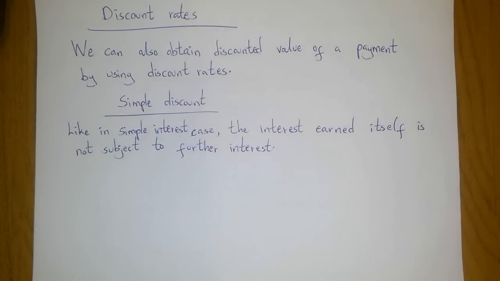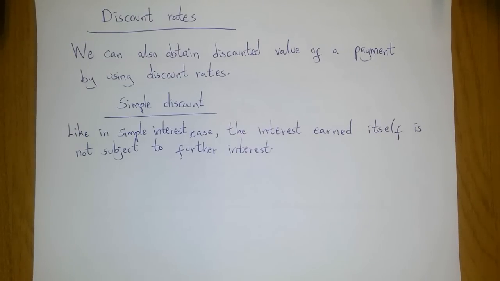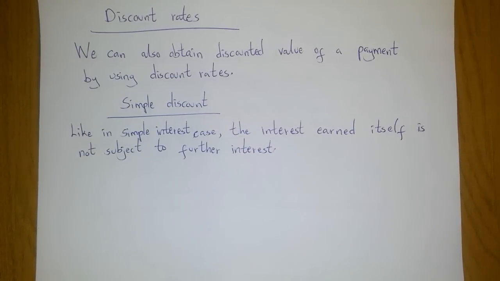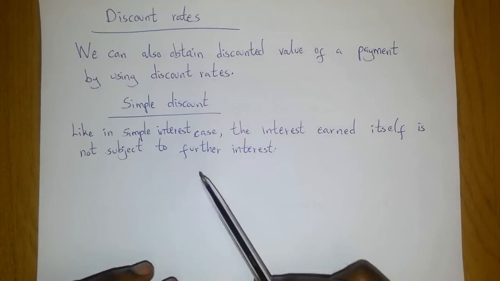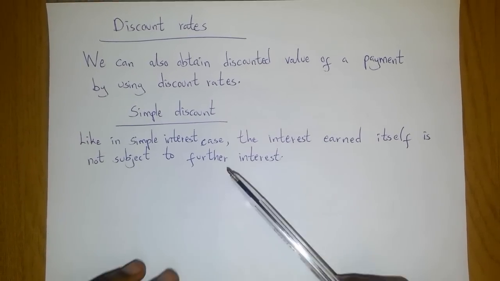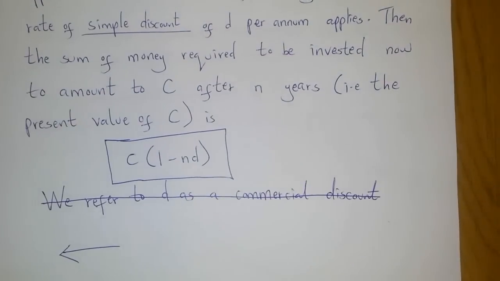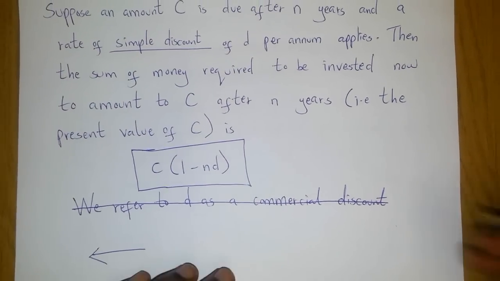Alright, discount rates. We can also obtain the discounted value of a payment by using discount rates. Now we've got the simple discount and the compound discount. Like in the simple interest case, the interest earned itself is not subject to further interest. Now suppose an amount C is due after n years.